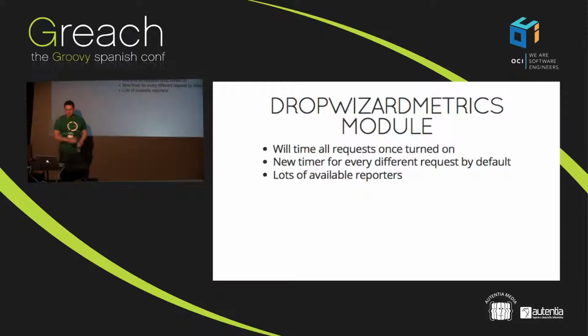The next one we use is the Dropwizard Metrics module, which used to be called CodaHale Metrics, and was called Metrics for a while, and Yammer Metrics. They just keep changing the name, it's fine. By default, when you turn it on, it's going to time all the requests that come in and provide the normal timers for all the requests.